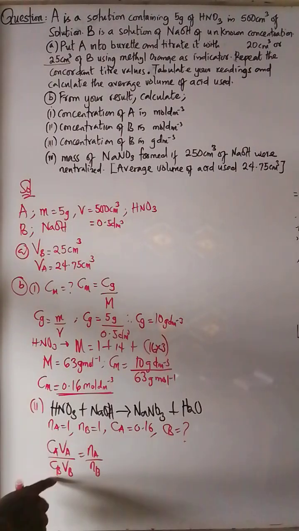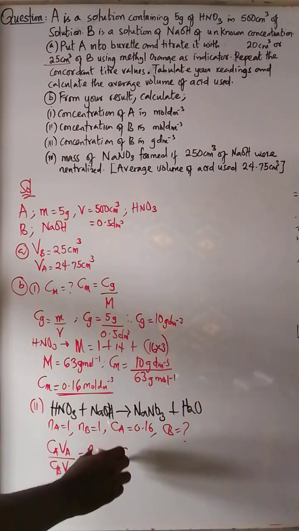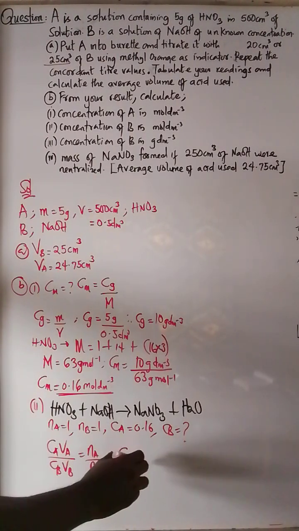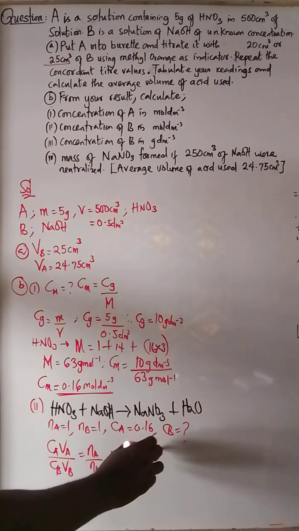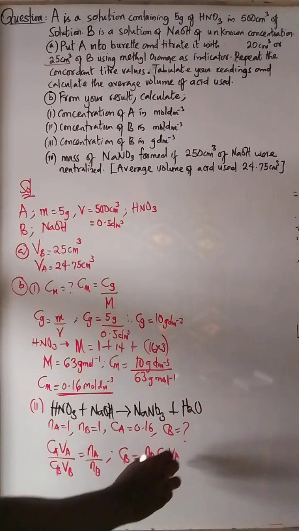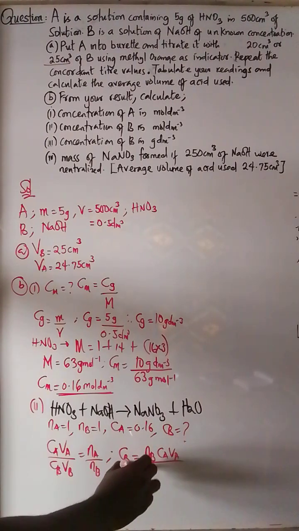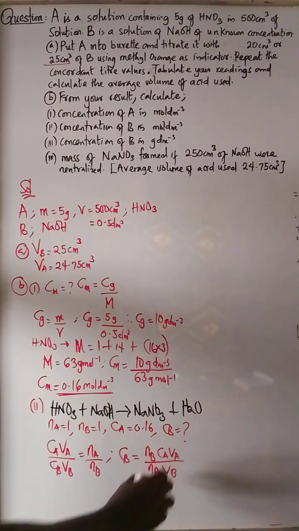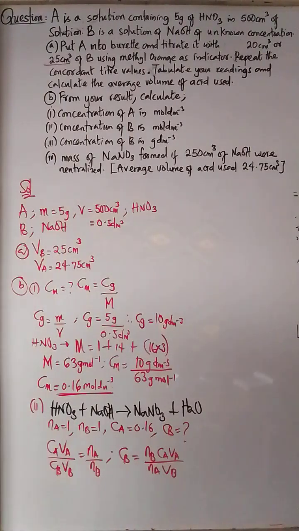We are looking for CB. From here, you make CB the subject: CB equals NB CA VA over NA VB.